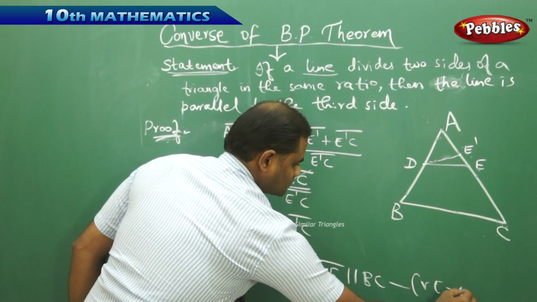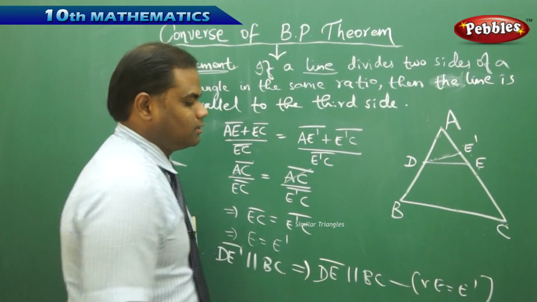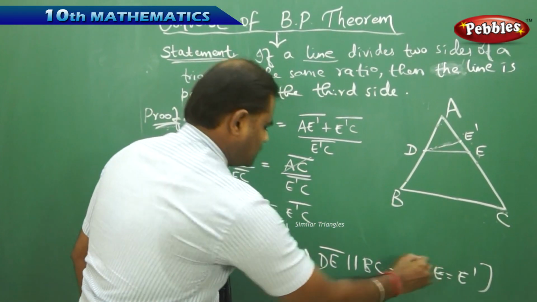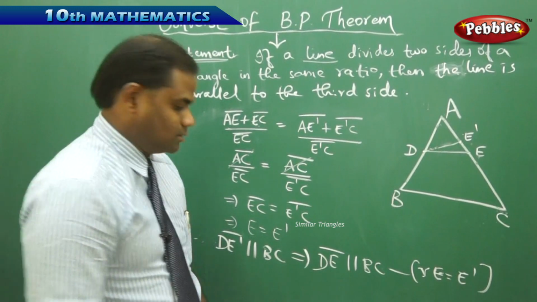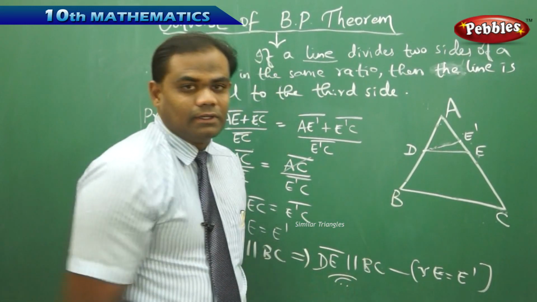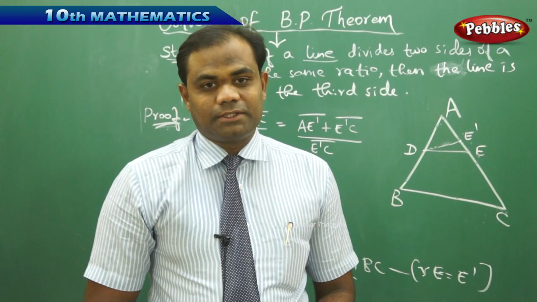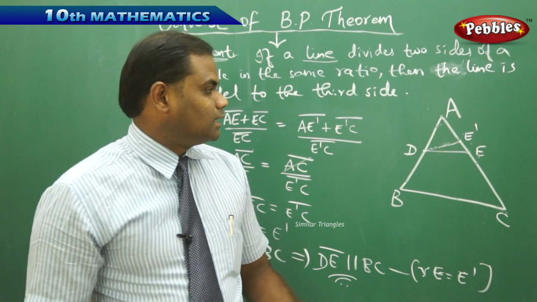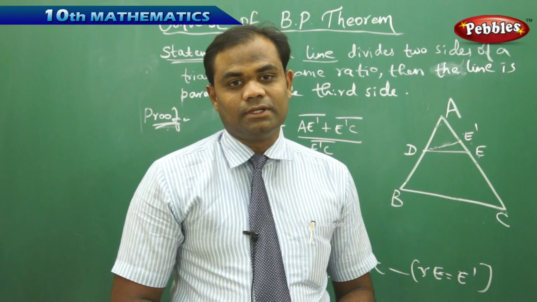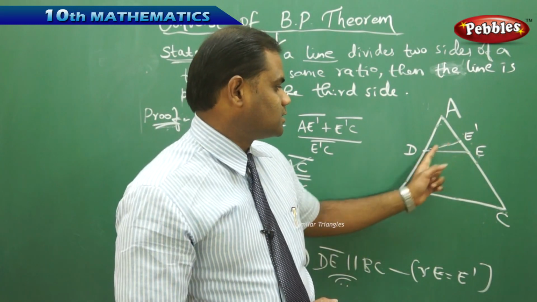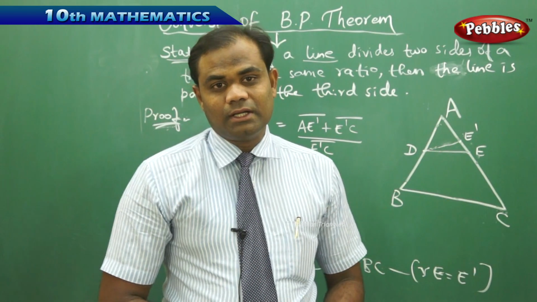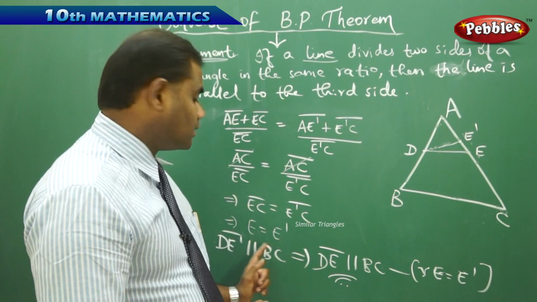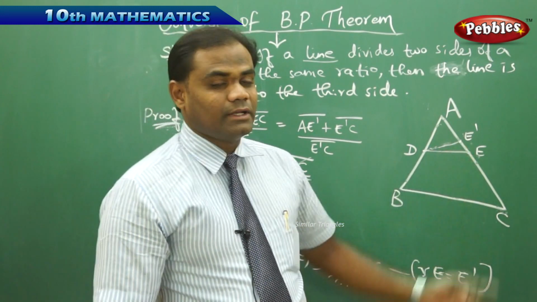Since E is equal to E dash, therefore my DE is parallel to BC. Thus, concluding the converse of the basic proportionality theorem, which has been proved using contradiction: assuming DE is not parallel to BC, I take E dash such that DE dash is parallel to BC, and I use the basic proportionality theorem, which again leads to E being nothing but E dash.